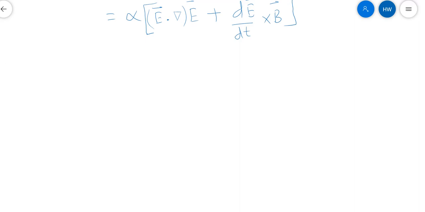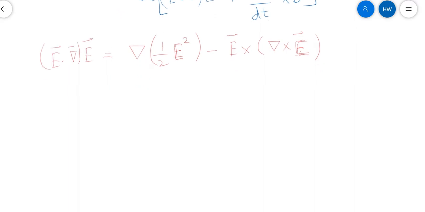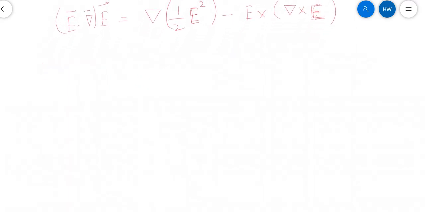I know this for a fact, that E dot del operating on E can be written as the gradient of E square over two, minus E cross del cross E. This is just coming from vector algebra.